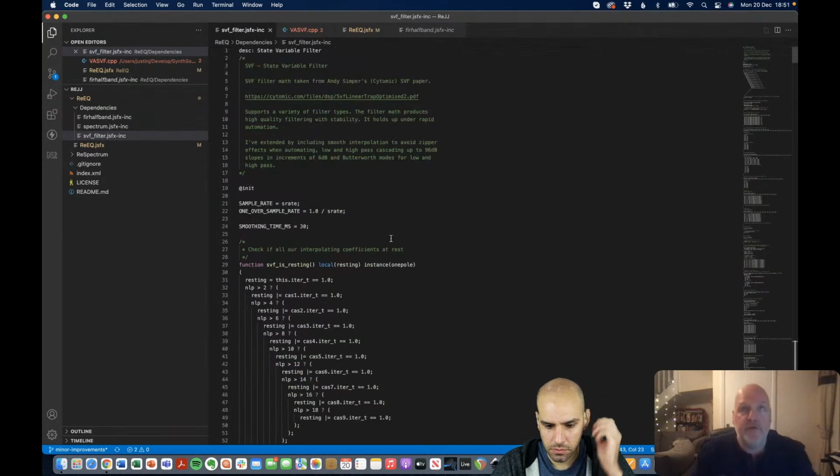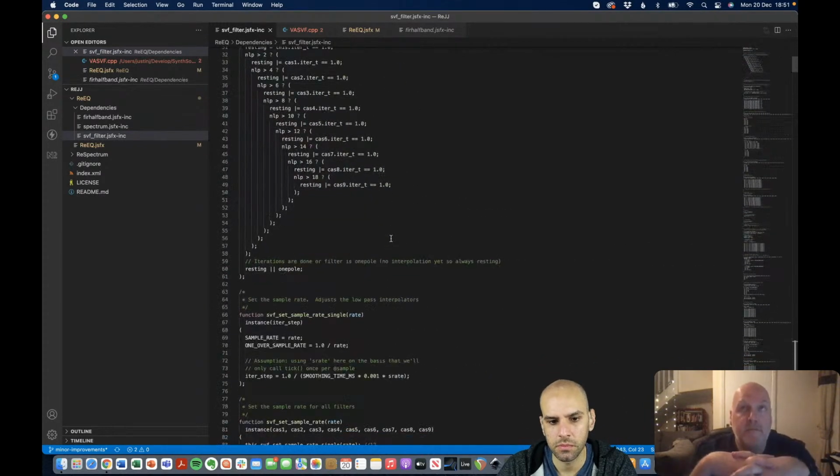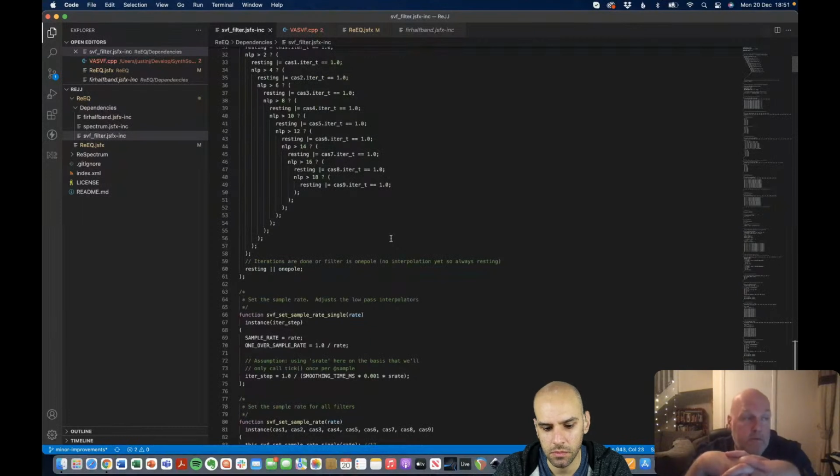Yeah, so if you're just talking about the slopes of the filter, which is essentially the poles, 12 dB is 2-pole, 24 dB is 4-pole, and so on. It is possible to design filters that aren't cascaded, that just have more poles, essentially higher-pole filters. But as you've probably read in various places, you can come into stability issues.